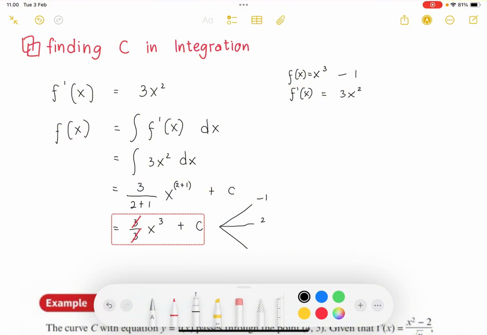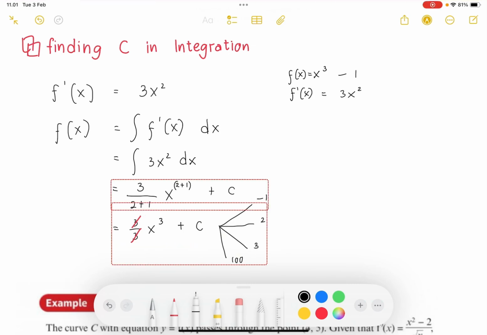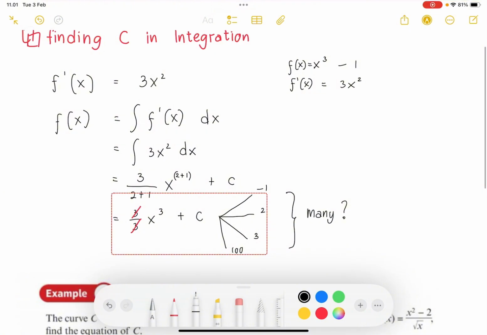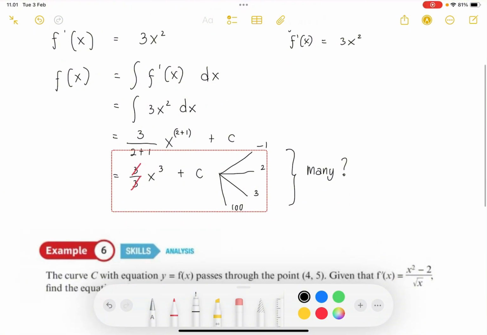Can be positive 2, can be 3, can be 100, can be any value, right? So the next question is, how can we know the exact c value of the function? Okay, that is the one that we are going to learn in this topic.